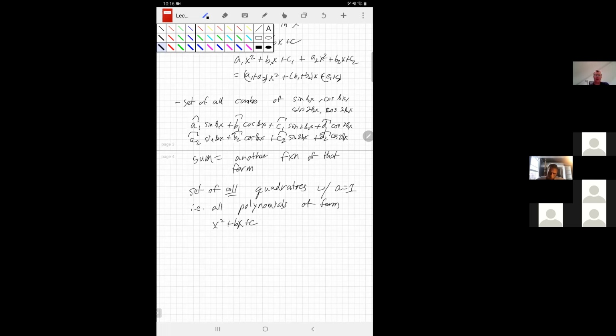So it says I want to look at all polynomials of that form. Then what would happen if we were to add two polynomials of that form? Do we get back another polynomial of that form?